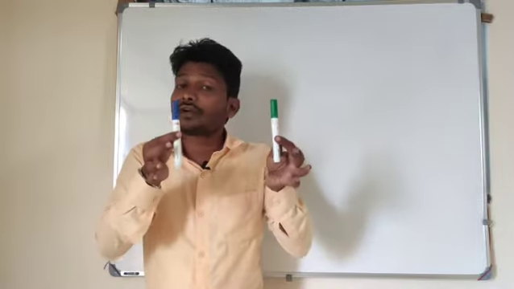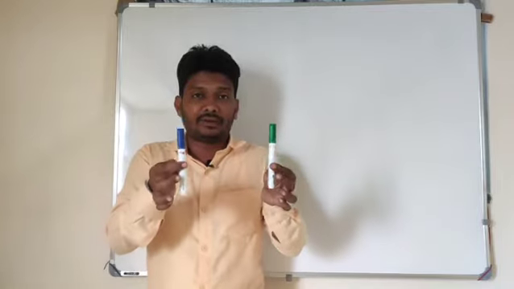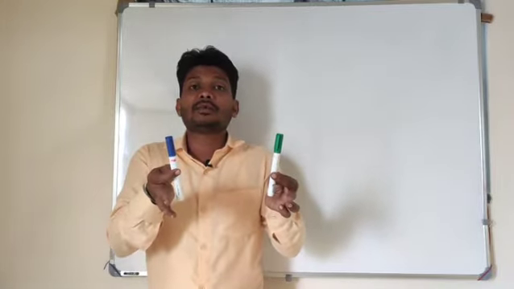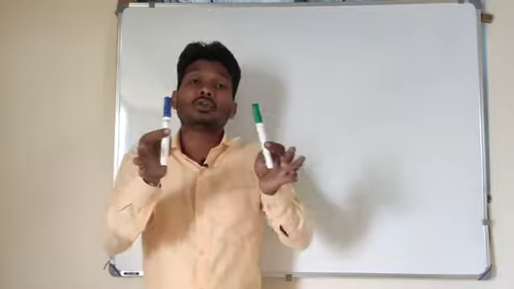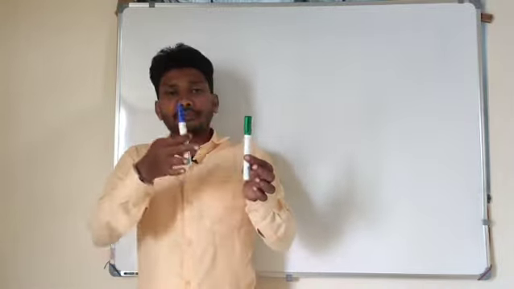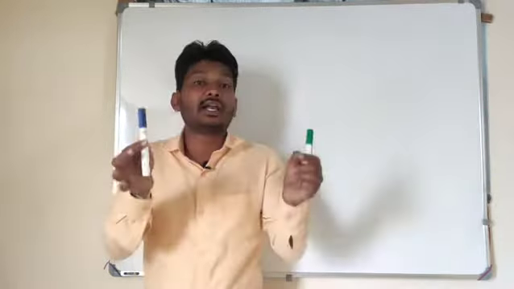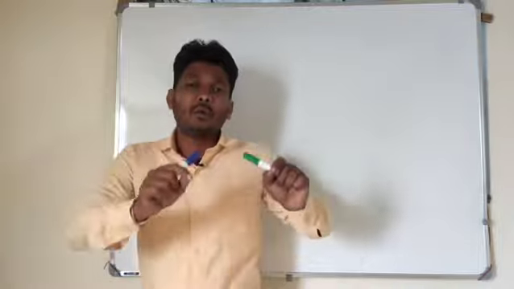Whatever the amount of current I am sending here, that current is flowing in the same direction, meaning in both the wires current is moving in the upward direction. Then what will be the force? And if in one wire current is flowing upward and in the other wire current is flowing downward, what will be the force?